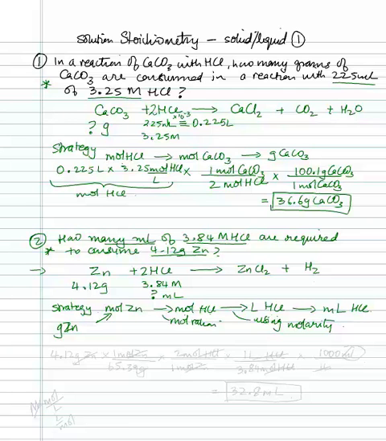So let's go ahead and set the problem up. Our starting amount is 4.12 grams of zinc, and then convert that into moles. So 1 mole of zinc has 65.39 grams, from the periodic table. And then 1 mole of zinc requires 2 moles of HCl. Now that we have moles of HCl, we can convert that into liters.